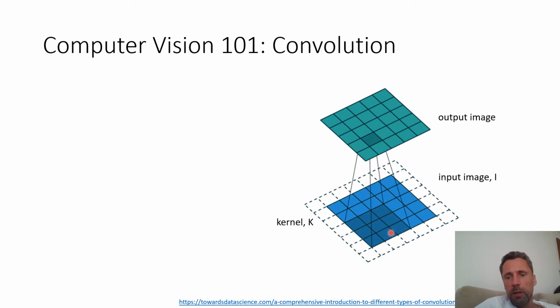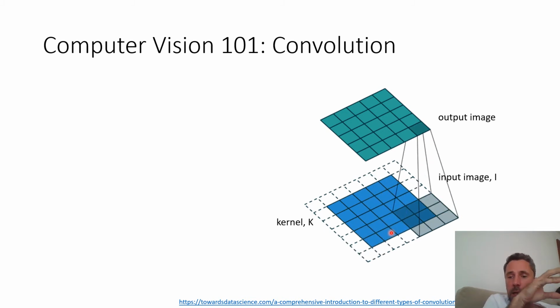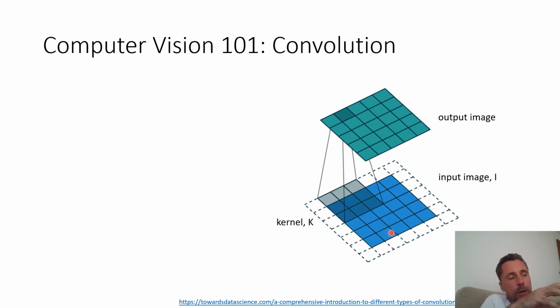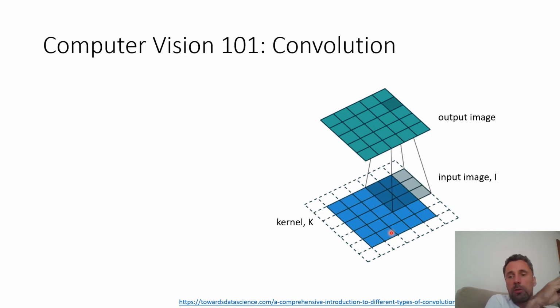Here it's a 3x3 matrix, and we shift this kernel over the image sequentially, and at each position, the entries in the kernel are multiplied by the pixel brightnesses that correspond to that specific position, and then all those weighted pixel brightnesses are summed up, and the result is written in the output image.